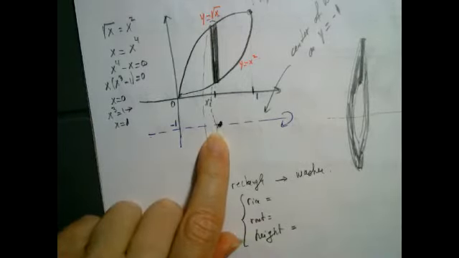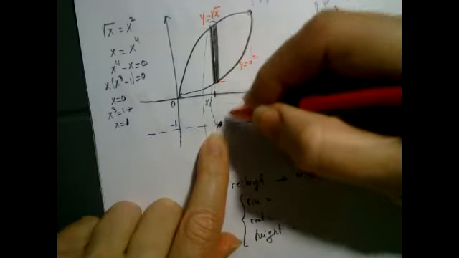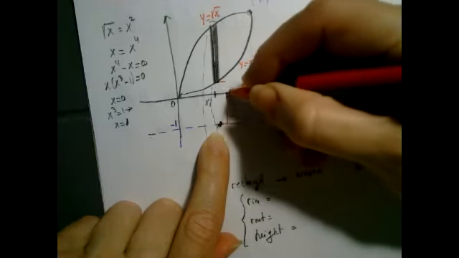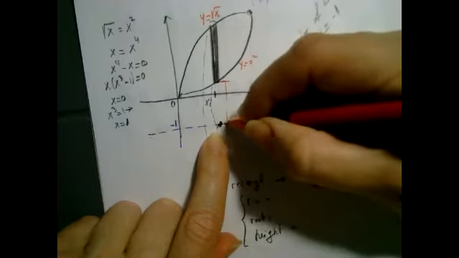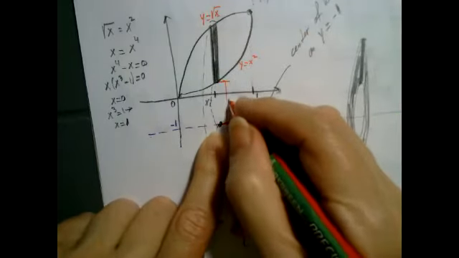From y equals -1 to the bottom curve, y equals x squared. Exactly. It's from here all the way to the bottom curve, right there. That's my radius, the inner one.